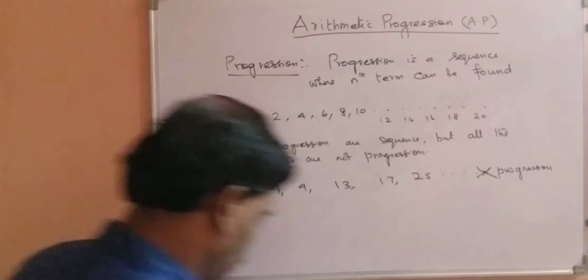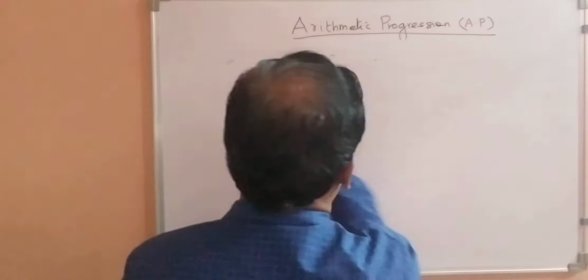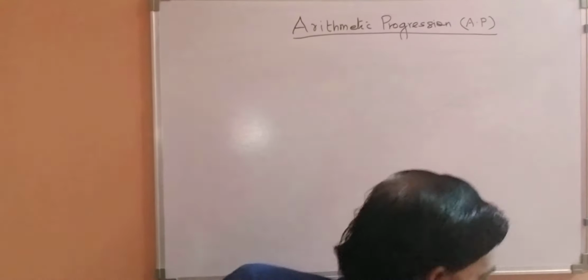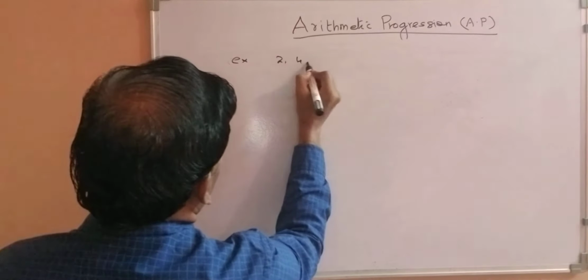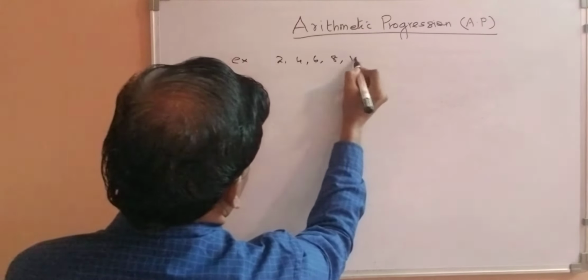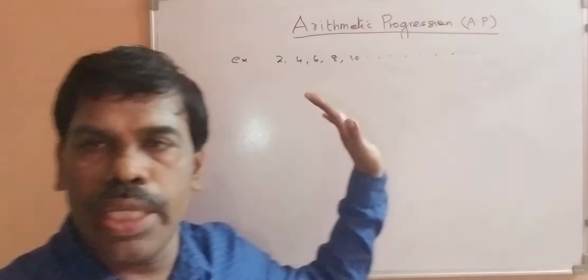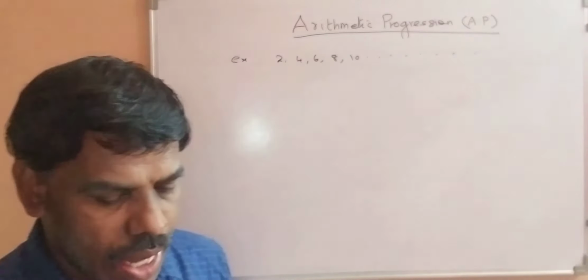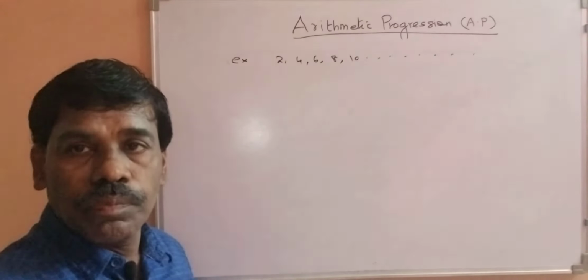Okay. Now AP means what? What is arithmetic progression? Now example 2, 4, 6, 8, 10. Consider this sequence. Okay. Now here you see, what is the first term? 2.